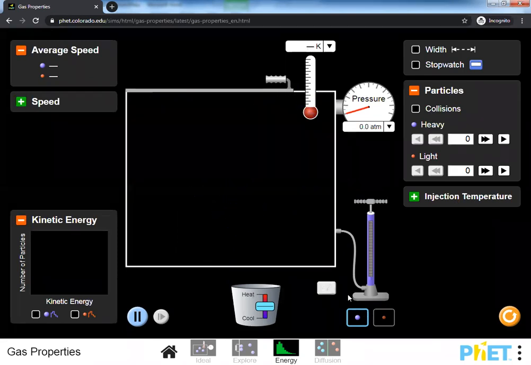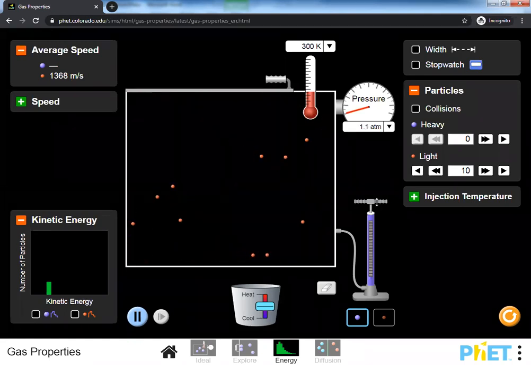Now, if we just erase this and now do 10 of the lighter particles, notice that the kinetic energy is the same right here, down here, but they are moving faster. So their speed is higher. Look at this, 1,368. Okay, it says basically molecules per second.